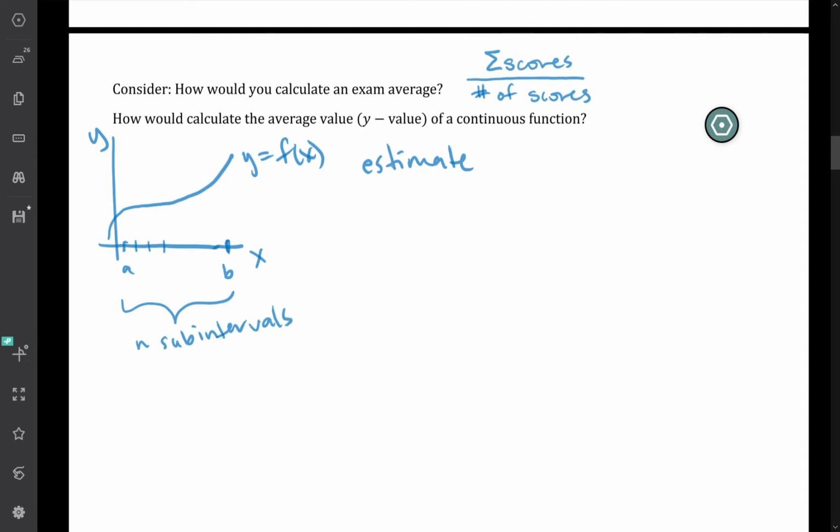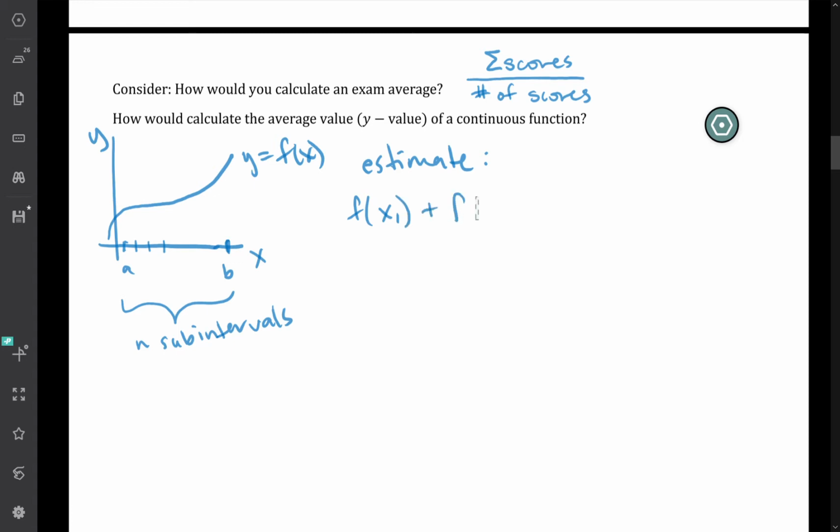And we're going to take a y value on each subinterval. So we could pick an x value within each subinterval and plug it in. You could use left x values or right x values or whatever. It doesn't really matter. But let's just say we're going to pick an x value on each one of these. So we'll say that the first one is x sub 1, and we're going to plug it into our function to get a y value.